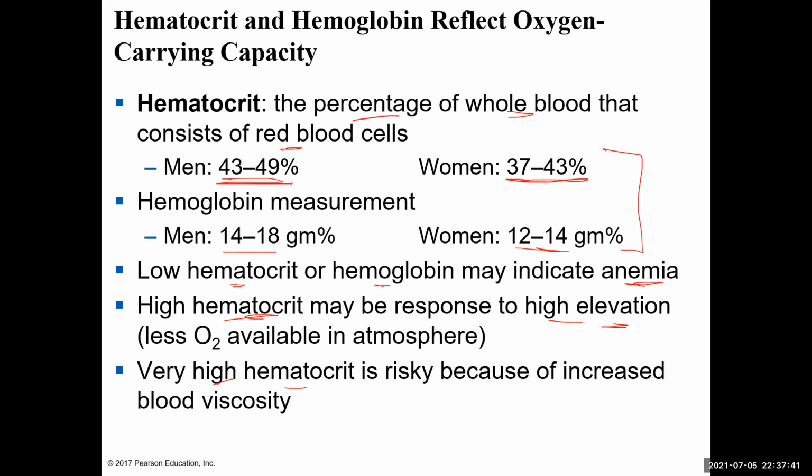Molasses has a high viscosity, so it flows slower, it's thicker compared to water. And so the more hematocrit you have, the more viscous your blood is, and the harder your heart has to pump in order to push that viscous blood throughout the body. Okay.